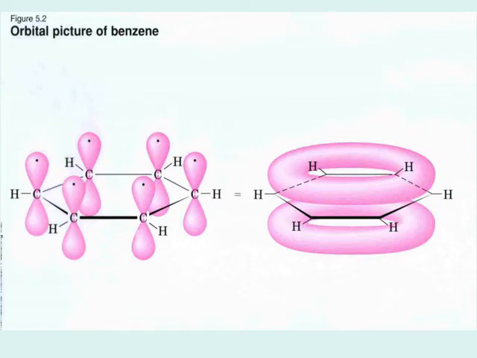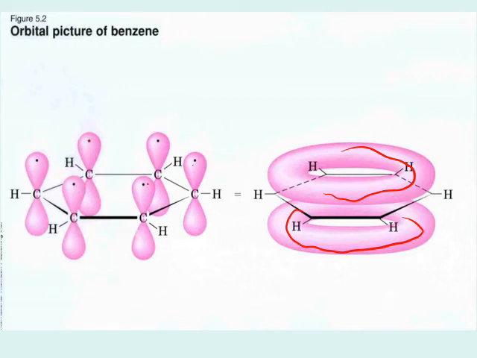You can see that these electrons can move around and it would look like this, because of the combination of all these orbitals. Now, as a result of this, this whole molecule gets stability.